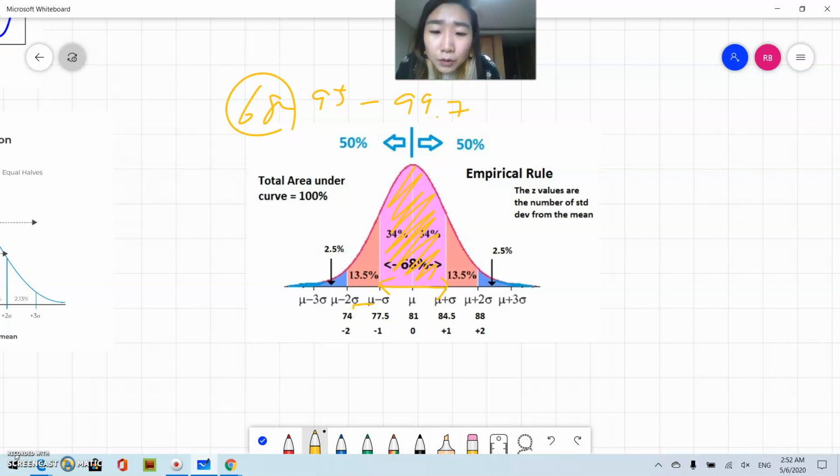But then if you go 2 standard deviations away, it adds 13.5, 13.5. That's 27. So if you add 68 plus 27, that's 95. So 95% of the data is within 2 standard deviations. And then when you go 3 standard deviations away from the mean, you add another 5%. Oh no, it's not quite 5%. This is a little bit off.